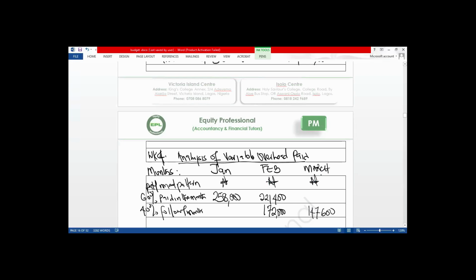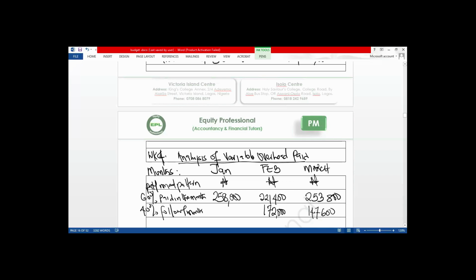March overhead cost, 423,000. 60% to be paid in the month of March: 253,800. Balance to be paid following month, that should be April.